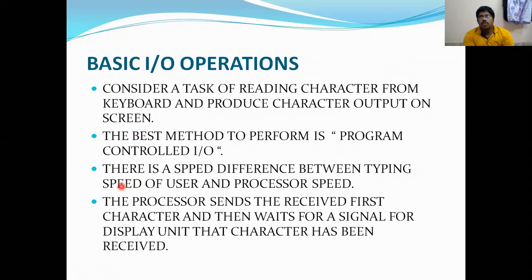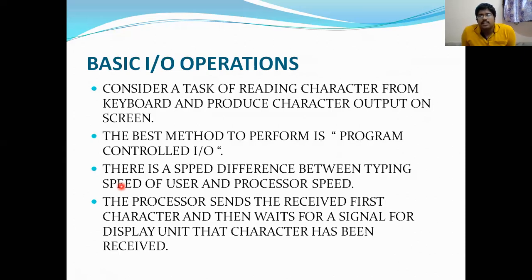If you observe my typing speed, there is a speed difference between my typing speed and the processor speed. The processor speed is very high compared to the speed with which I am entering the characters. So what is going to happen? Whenever I type K, the processor will receive the corresponding ASCII value.